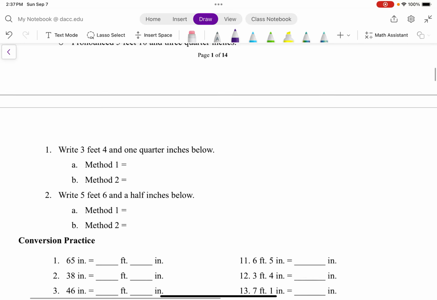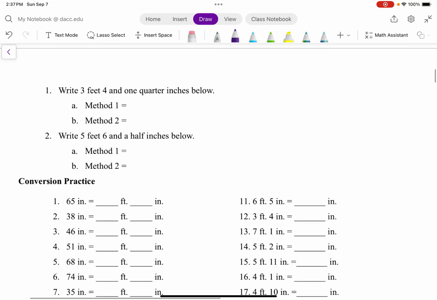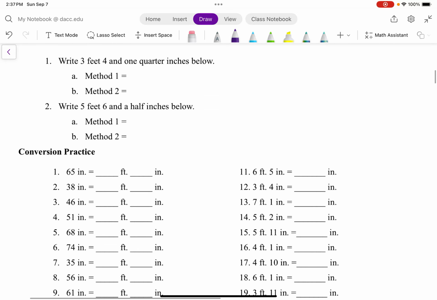So now let's look at how we would write these. We're going to write method one and then method two. The first example says, write 3 feet 4.25 inches below. So let's start with feet, because we write feet first. We have 3 feet. Method one is using the FT for feet and the IN for inches.